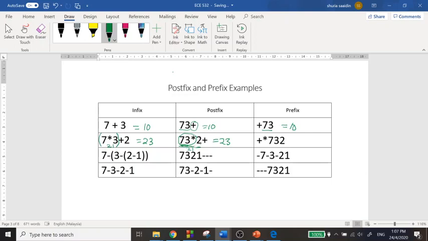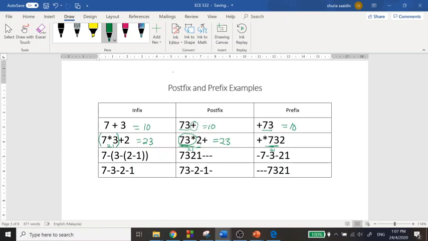And then we meet the multiplication sign. When we meet an operator, you have to go back to the previous two operands. So 7 and 3. So you multiply 7 and 3. This one becomes 21, which we could say is the result or the new operand.